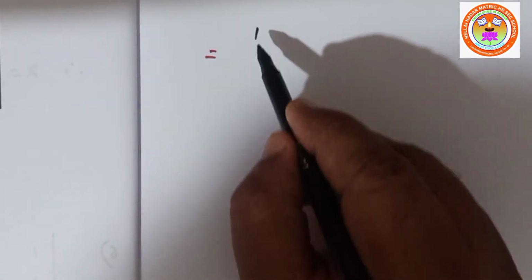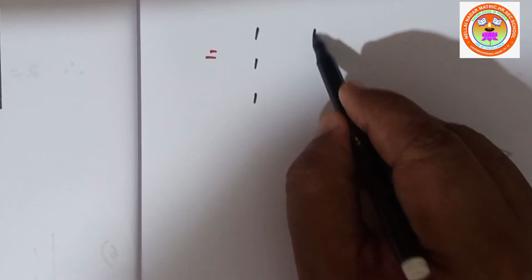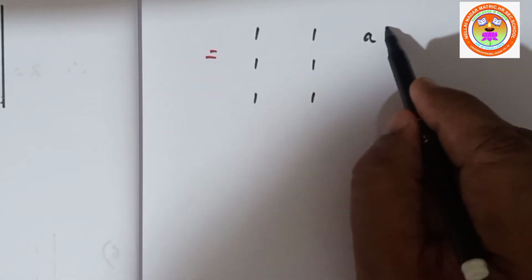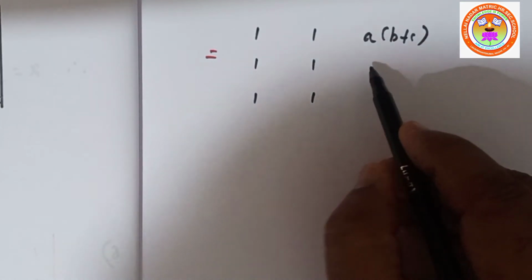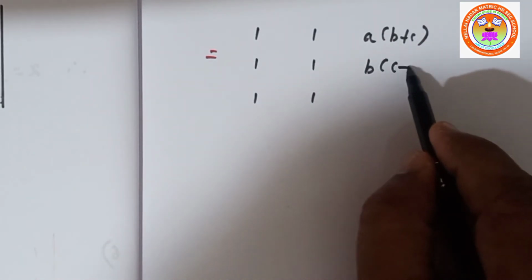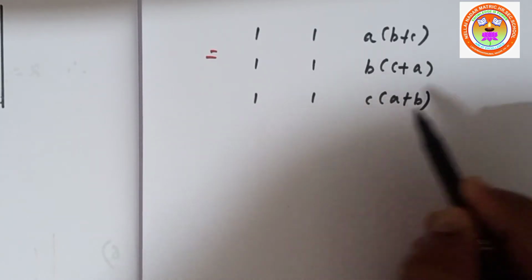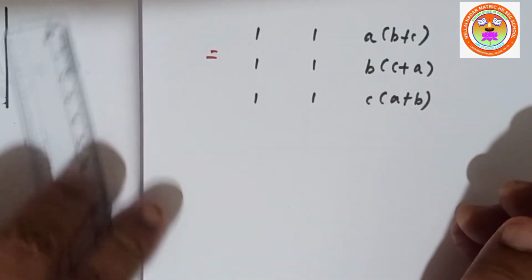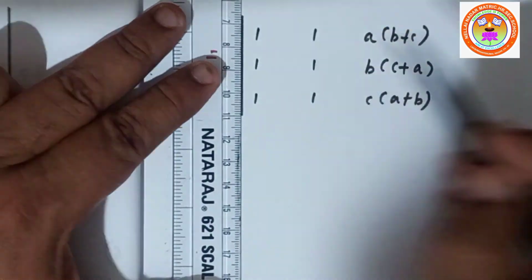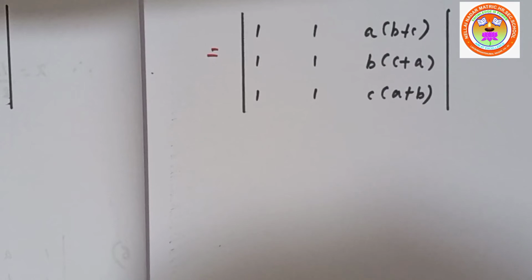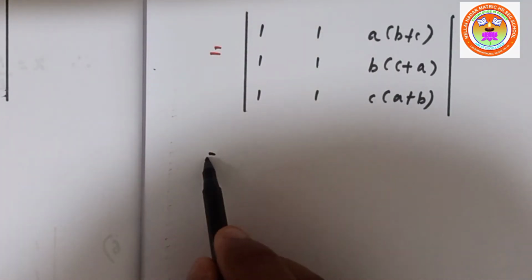That is equal to first column 1 1 1, second column 1 1 1, third column A into B plus C, here B into C plus A and C into A plus B. Here that is equal to 0.